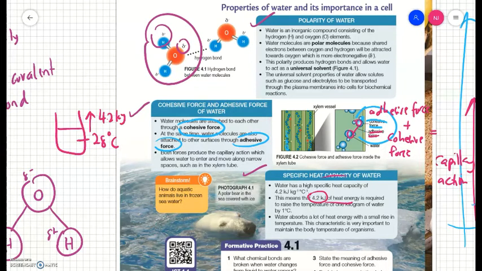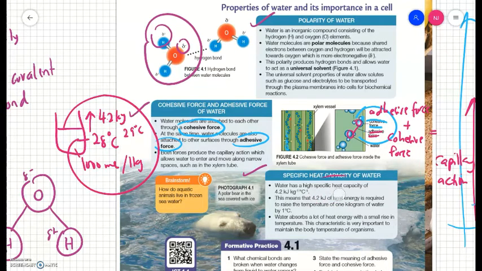Let's say we have 1000 milliliter of water, which is the same as 1 kilo. To raise the temperature of this water to 29, we need 4.2 kilojoule. Ini soalan mungkin tidaklah dia tanya contoh. Maybe you can just give the definition.